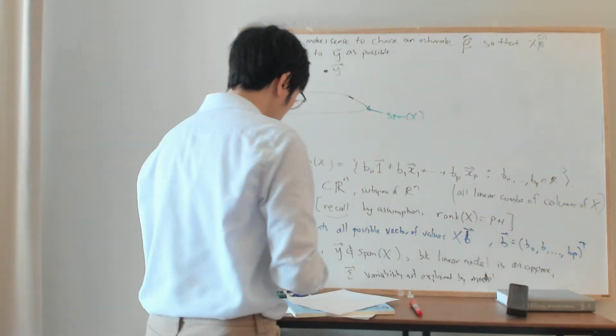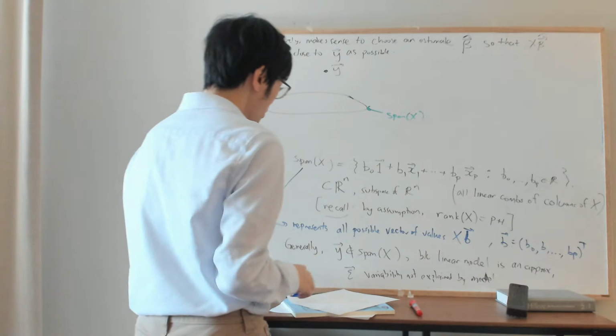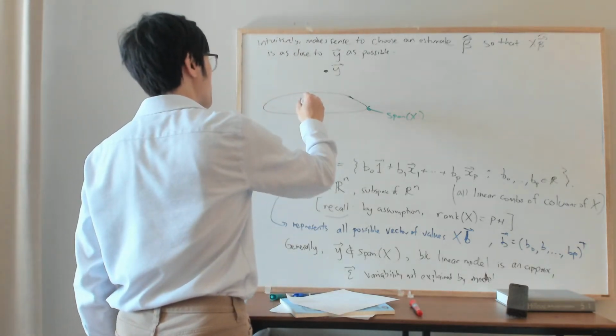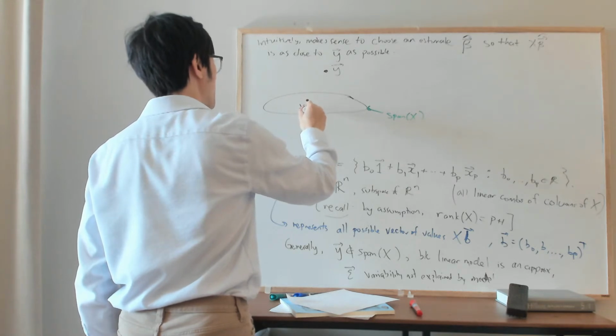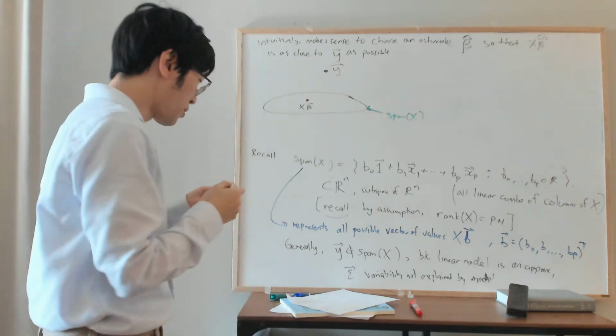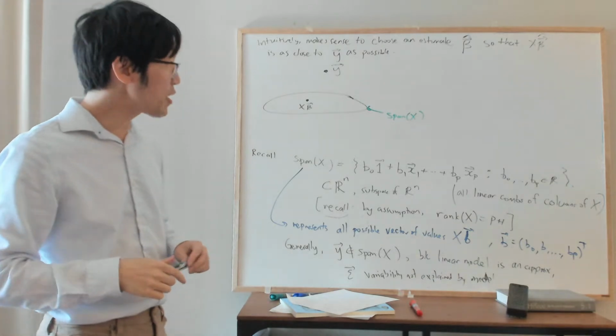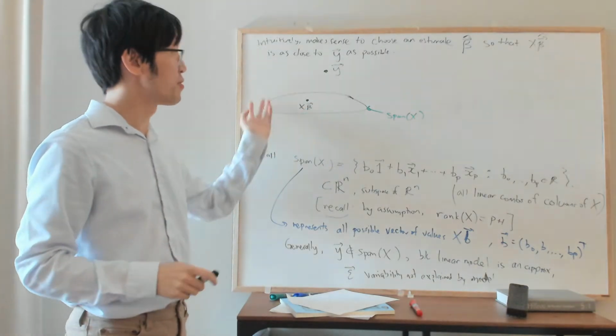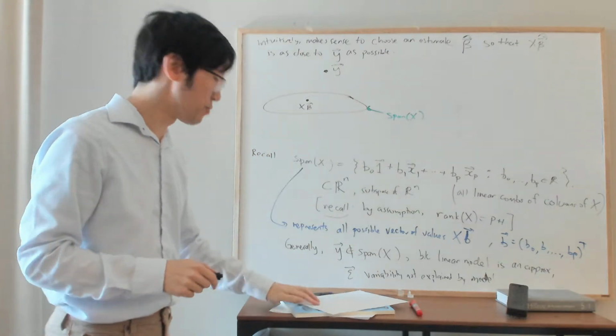In our modeling framework, somewhere in here we have x beta. If we imagine there was a true model and a true value of beta, it would lie somewhere in the span.